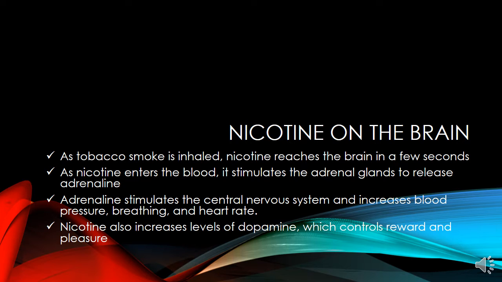All this is inhaled and goes to our brain and body. Nicotine reaches the brain in a few seconds. As nicotine enters the blood, it stimulates the adrenal glands to release adrenaline. Adrenaline stimulates the central nervous system and increases blood pressure, breathing, and heart rate.